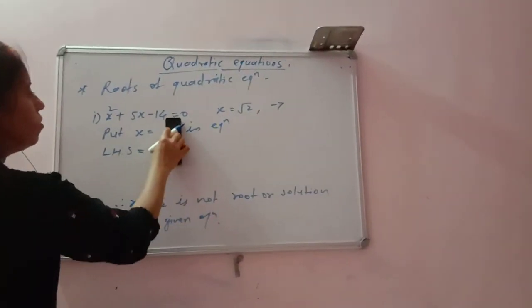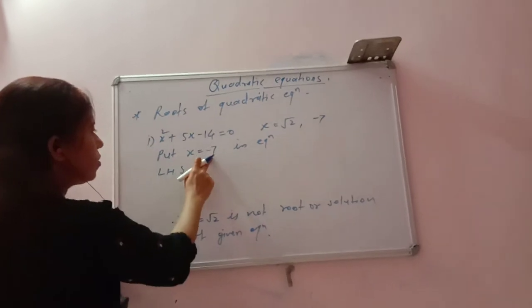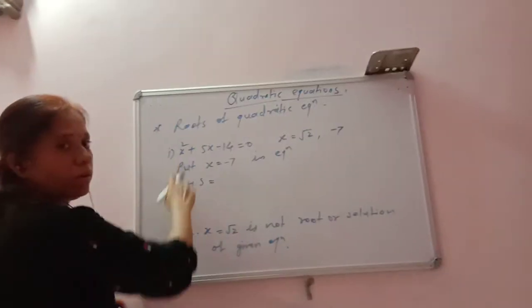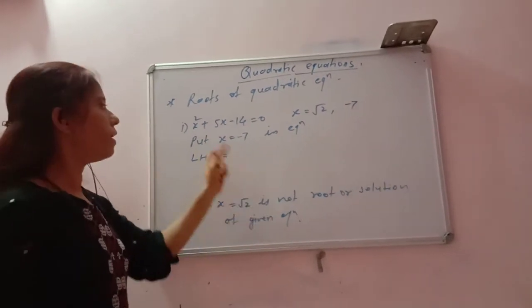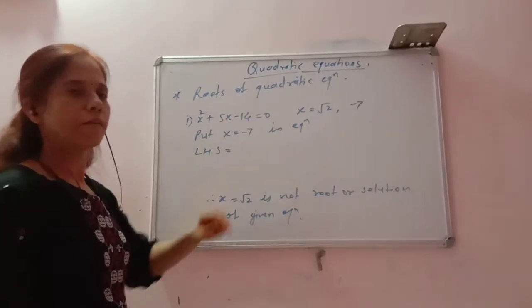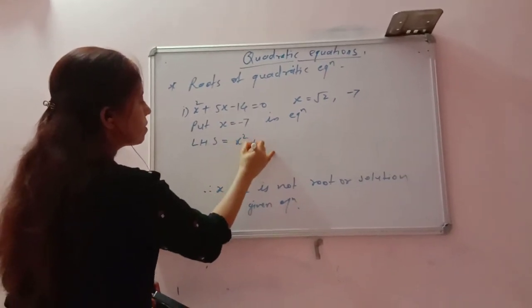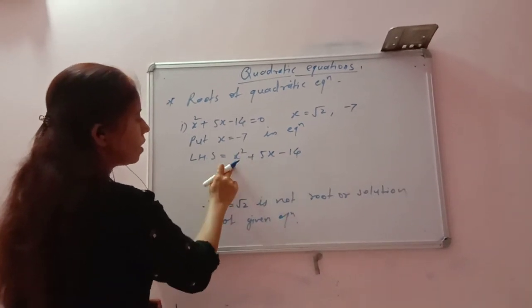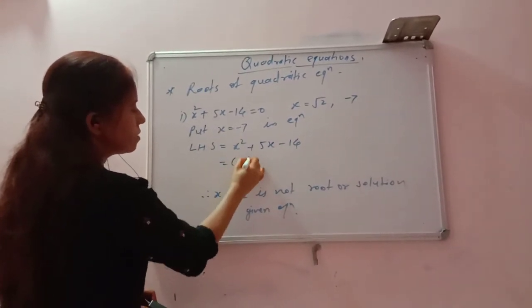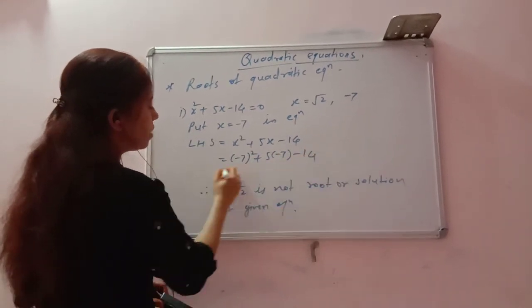Okay. Now instead of root 2, take the value of x as negative 7. So put x equal to negative 7 in the given equation. We will check LHS first and we will see whether LHS and RHS are equal or not. Again take LHS. LHS is x square plus 5x minus 14. Put the values. The x value is negative 7, so negative 7 square plus 5 into negative 7 minus 14.